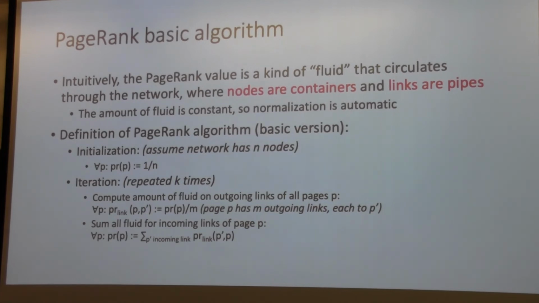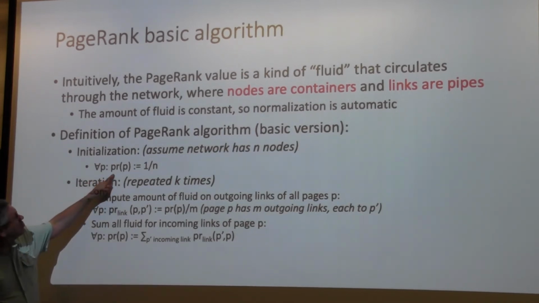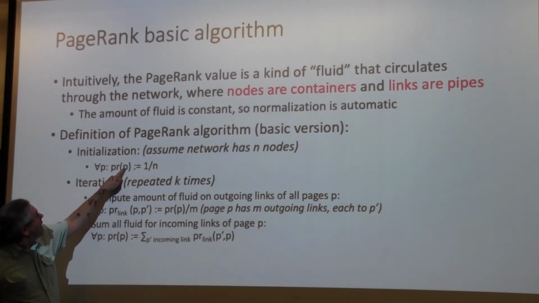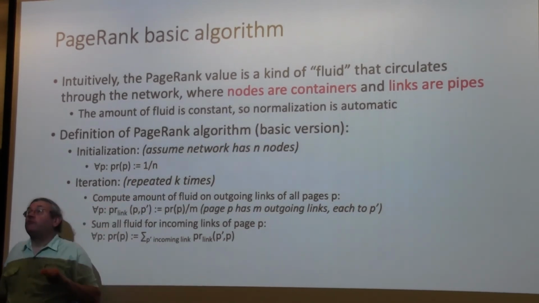So here is the intuition of PageRank. There is a fluid. Each page is a container with liquid. There's 1 liter in there. And the links are pipes. The amount of fluid is constant, so automatic normalization. Initially, each page has 1/n of the amount of fluid in it.